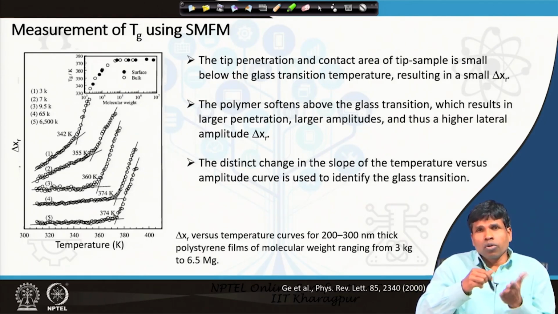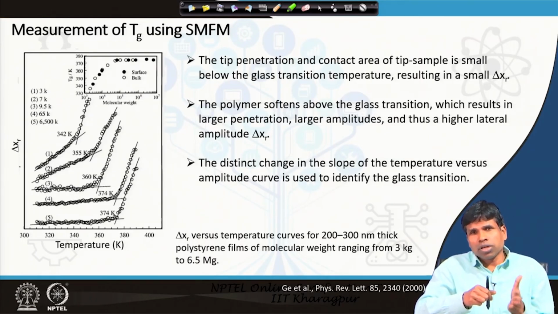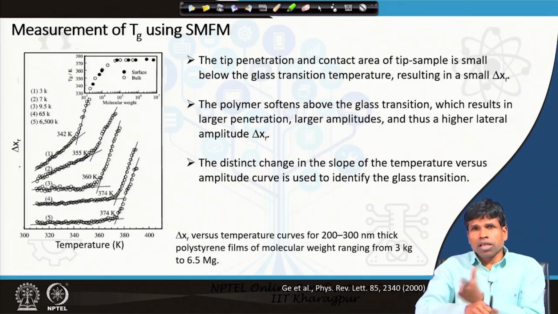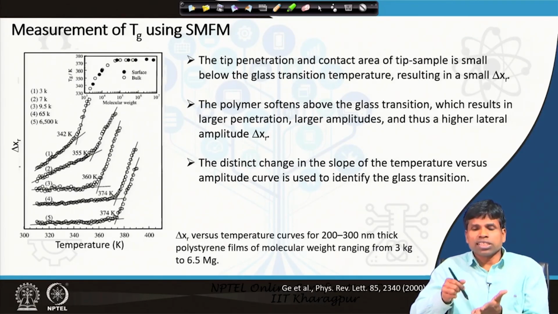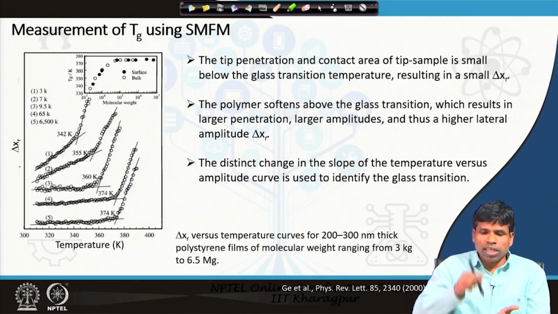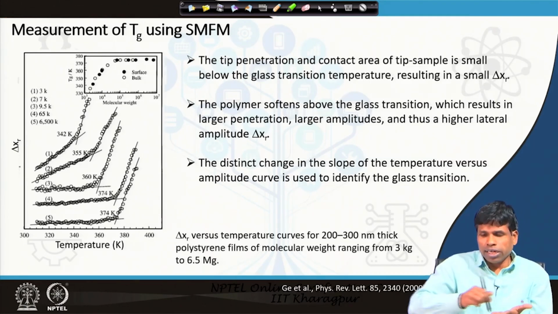But when the sample is above the glass transition temperature, it is no more hard; rather it is rubbery or molten. Therefore, penetration depth will be more.